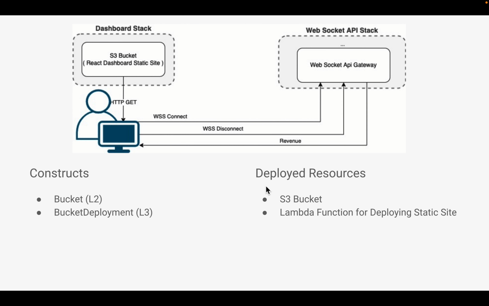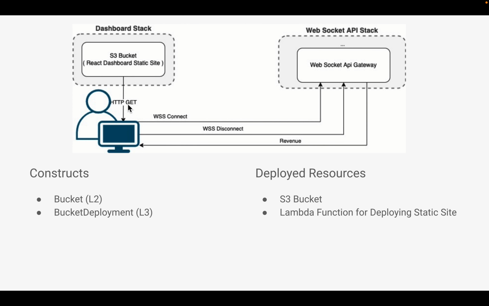And again, I just think for context, it's useful to see how these two stacks work with each other, particularly the React dashboard website that is going to be interacting with the WebSocket API gateway.